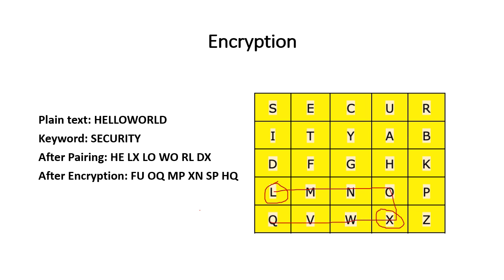So we identify the letters appearing at the corners of the rectangle. Instead of L, we write O, and instead of X, we write Q. So LX is replaced by OQ. This is how we convert plain text into ciphertext.